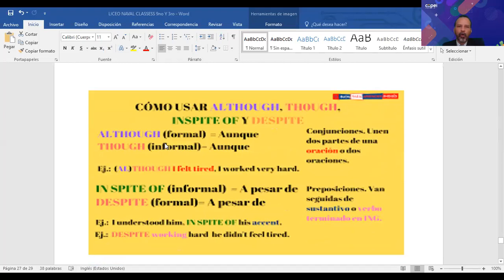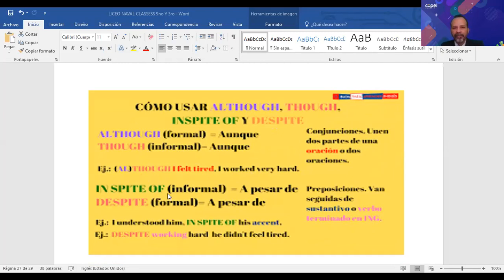Look, although, this is formal, this is the meaning in Spanish. Though, informal, the same meaning in Spanish. Example, although or though I felt tired, I worked very hard. This is for contrast. One is negative and the other is positive. It gives you contrasting ideas, you see?